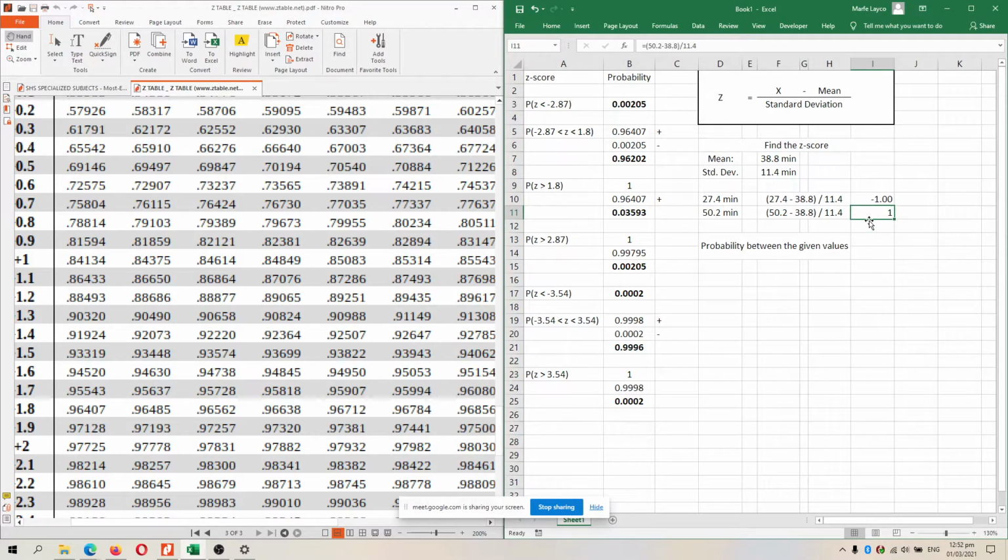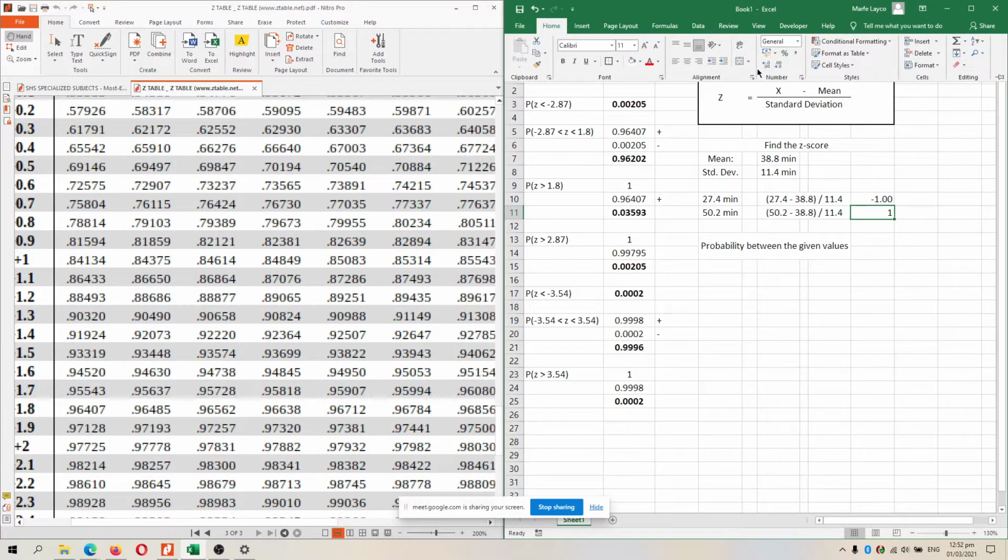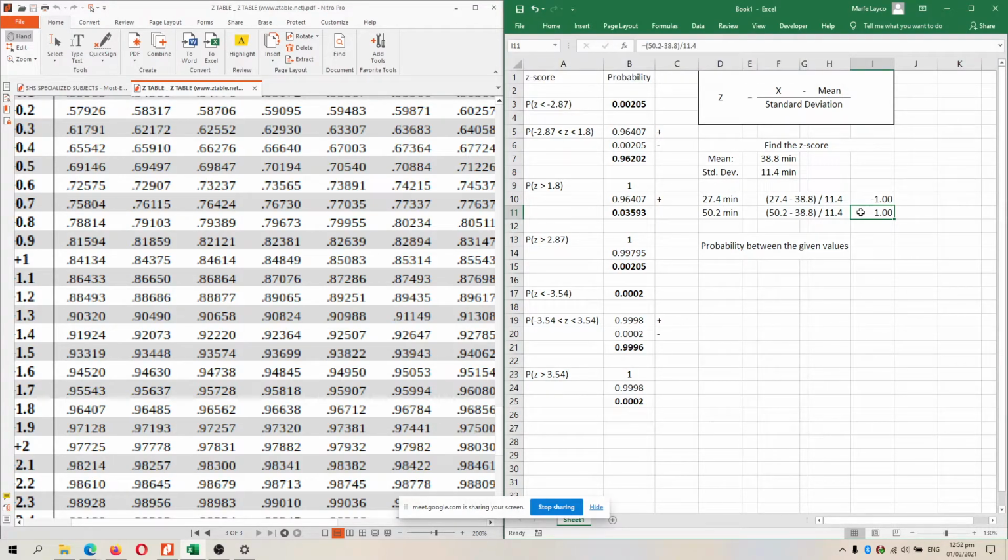Anong lalabas? That is equivalent to positive 1. Ayan. So, meron tayong negative 1 and positive 1. So, kunin muna natin yung probability ng z-score natin. Ito yung z-score natin.